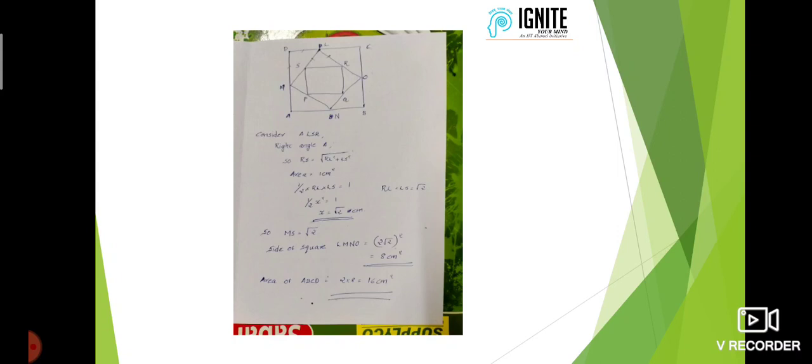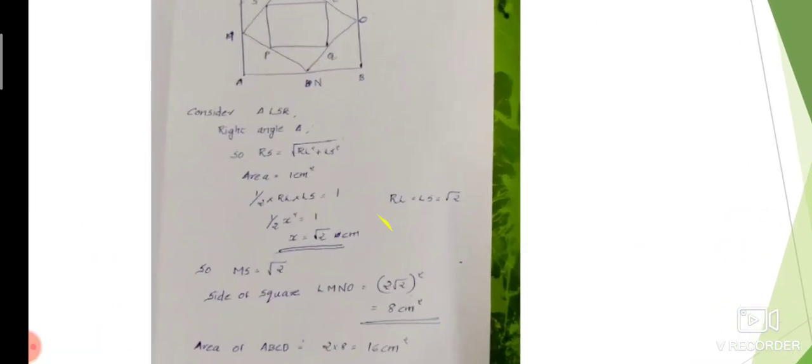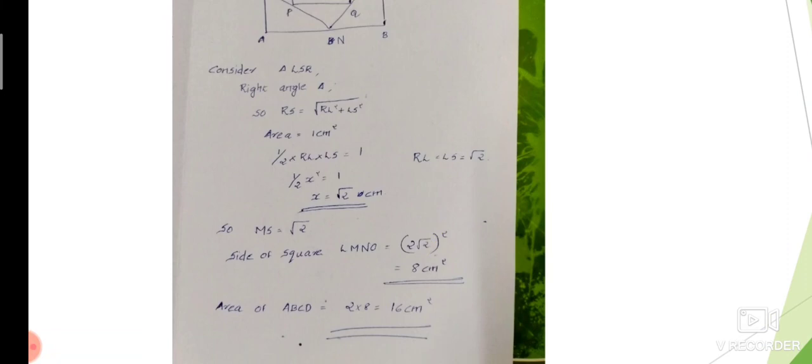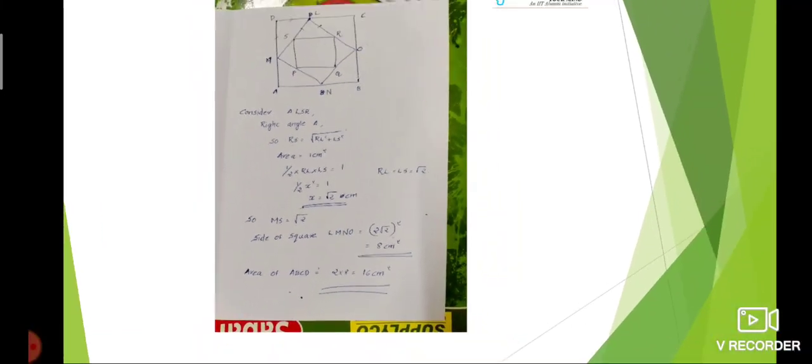So you can apply half into base into height, and then find the side of that particular triangle. Once you have the side of that triangle, you will be able to calculate the side of that small square, which is enclosed in the bigger square. Sorry, I'm not talking about a rectangle, I'm talking about the square.